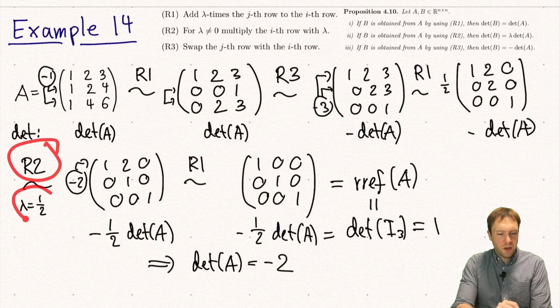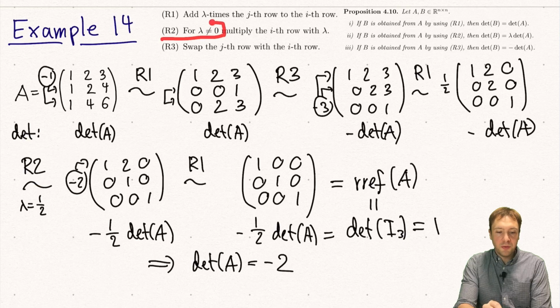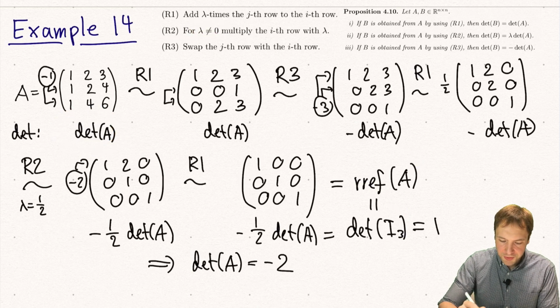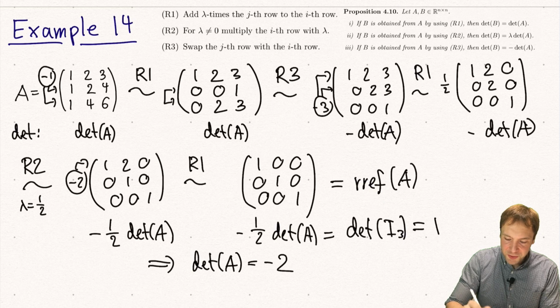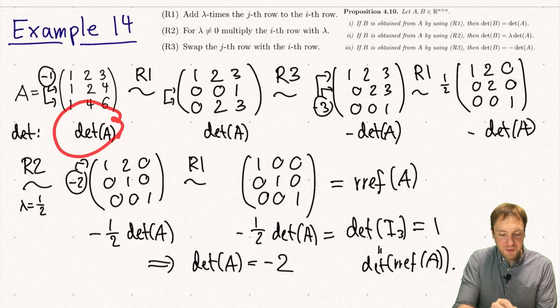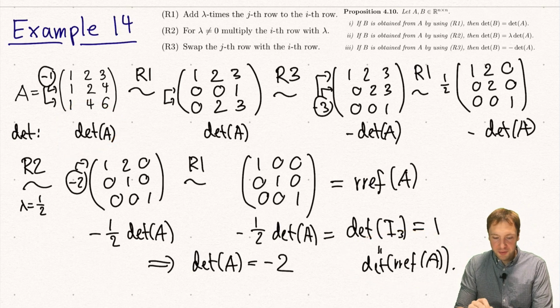And using R2, I always multiply with this lambda, where this lambda in R2 is non-zero. So if the determinant at the beginning is non-zero, then also the determinant of the row reduced echelon form is non-zero.